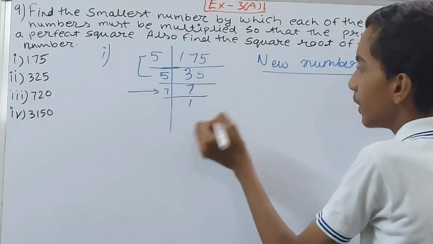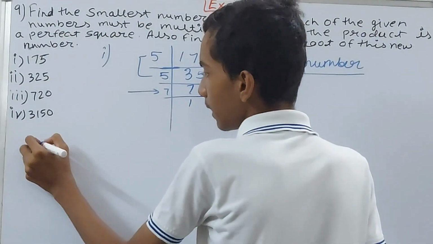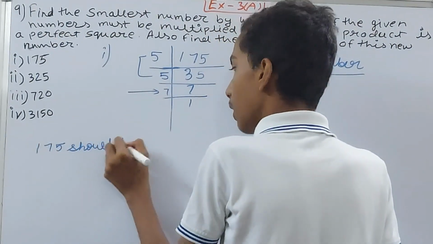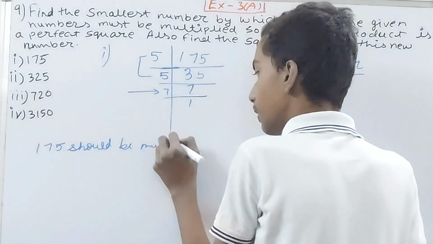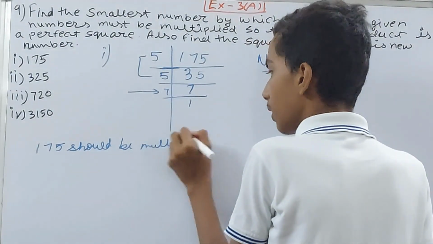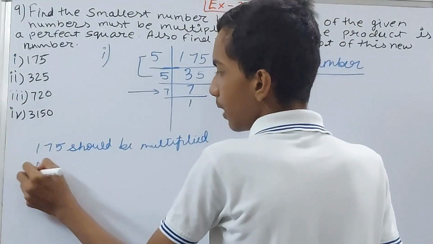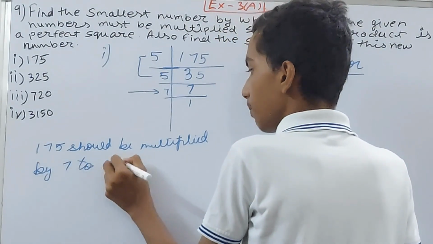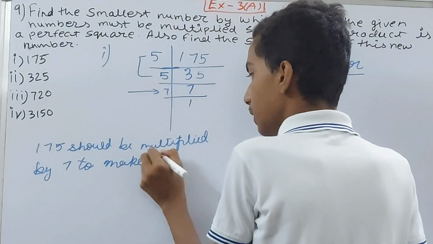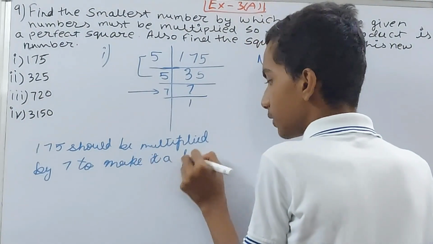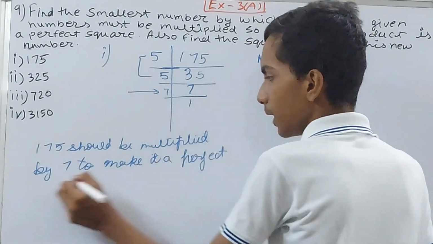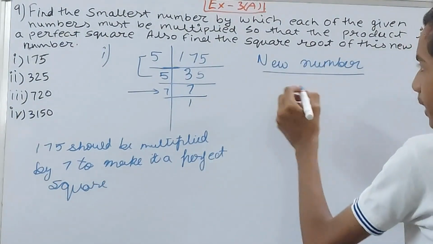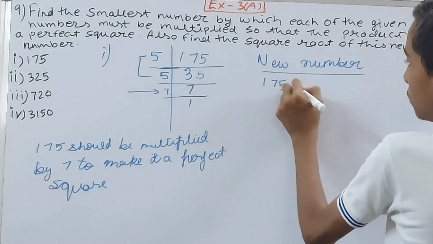So here you can write that 175 should be multiplied by 7 to make it a perfect square. Next step: the new number is 175 into 7.